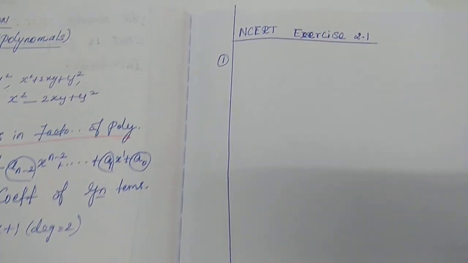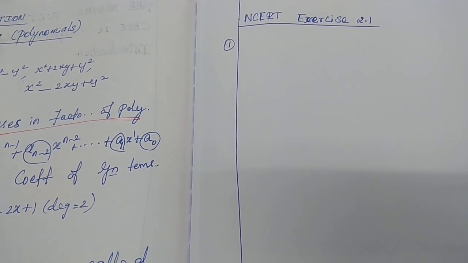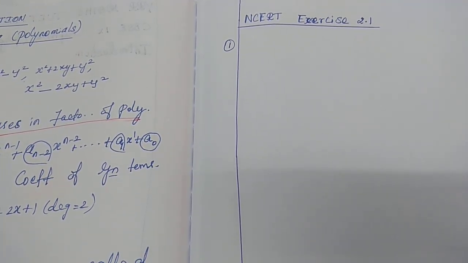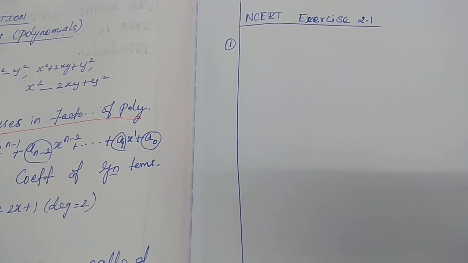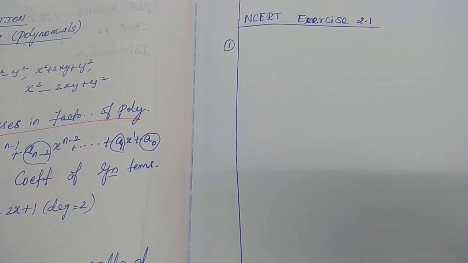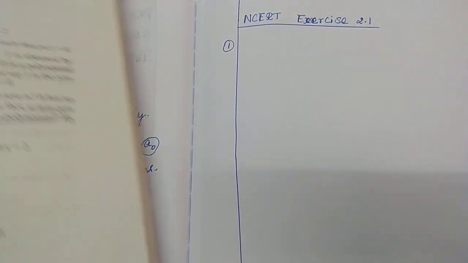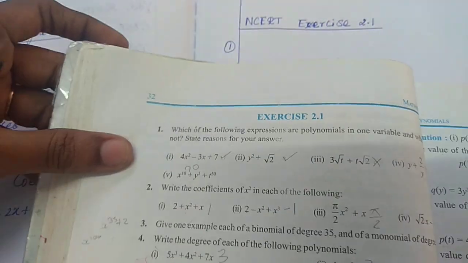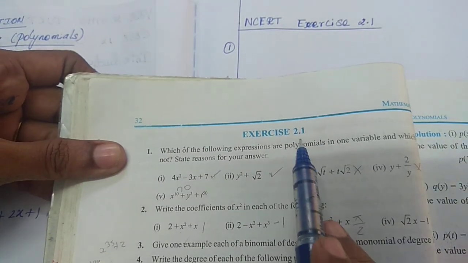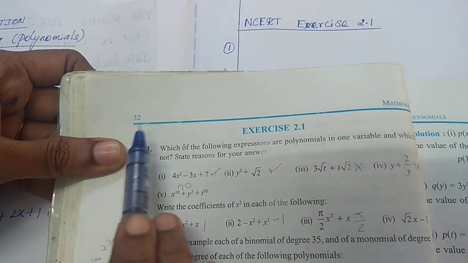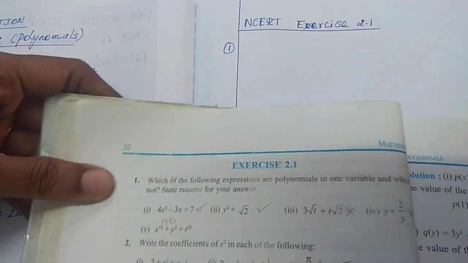Now we move to the exercise. First exercise, in the textbook, exercise 2.1, page number 32.